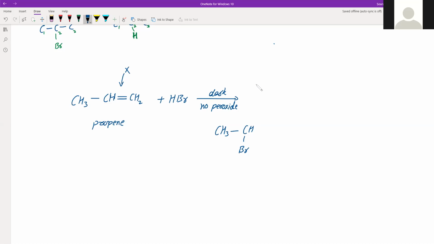And the third carbon will get the extra H. So H comes here and Br comes here. And the other possibility is CH3, CH2, and CH2Br.